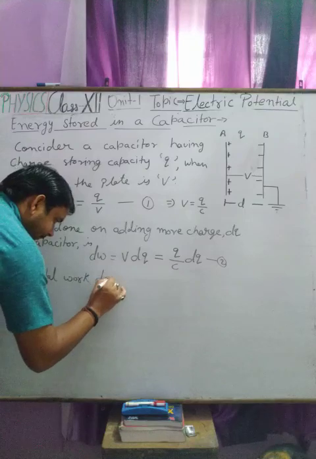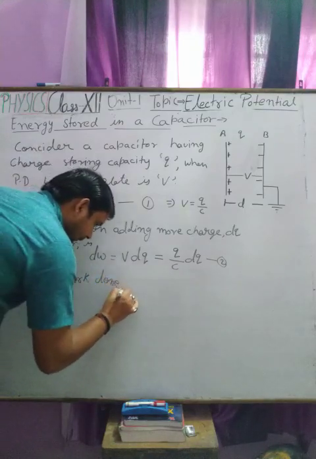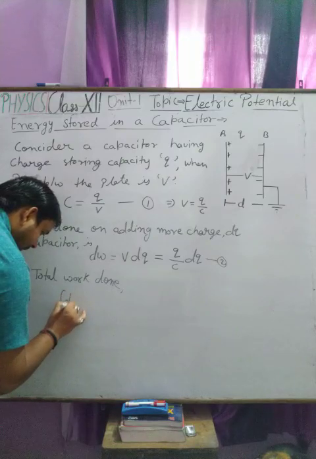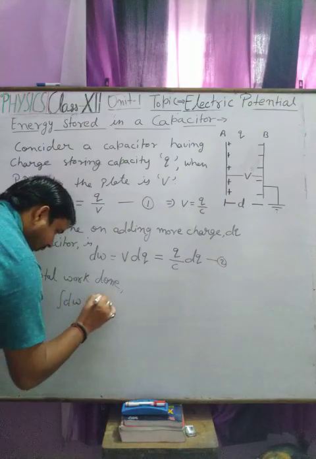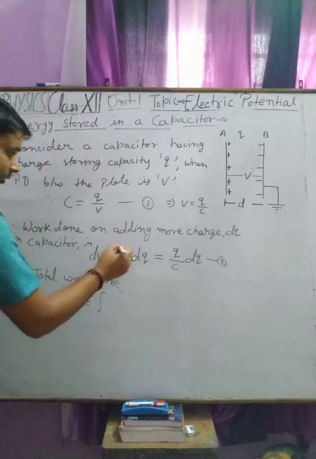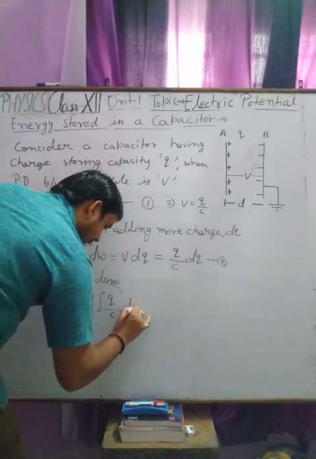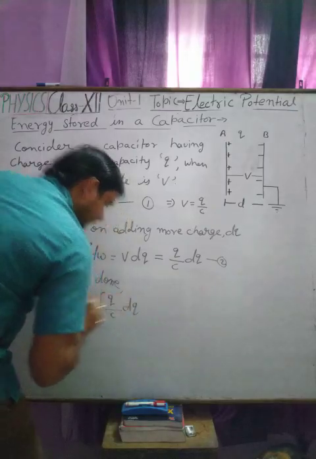Total work done is given by integration of dW is equal to integration of Q upon C dQ.